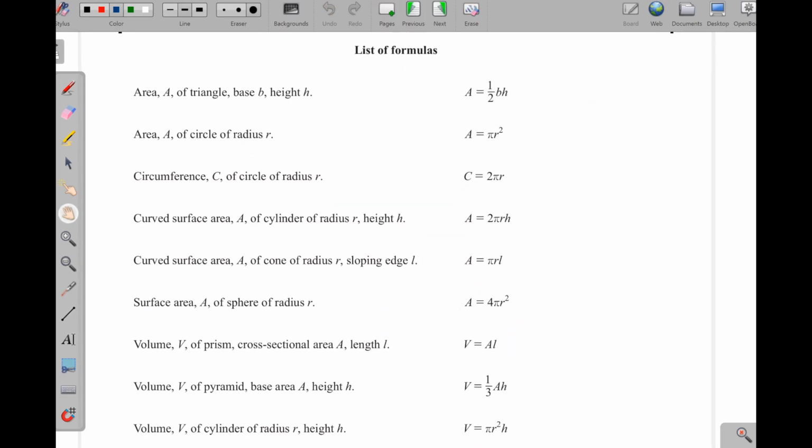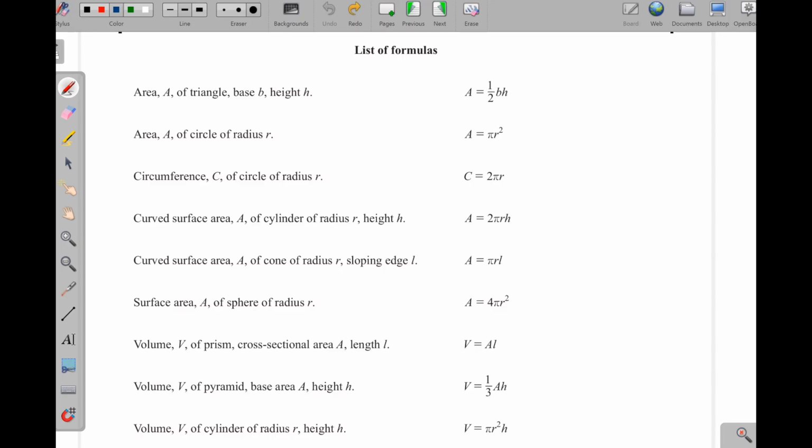Okay, let me take you to the list of formulae and then we see this. So when you come to page 2, you can see here curved surface area of the cone is pi rl. Then curved surface area of the cylinder is 2 pi rh. Then surface area of the sphere is 4 pi r squared. That means the surface area of the hemisphere will be the curved surface area, then plus the area of the sphere.